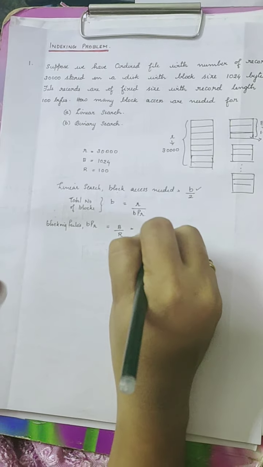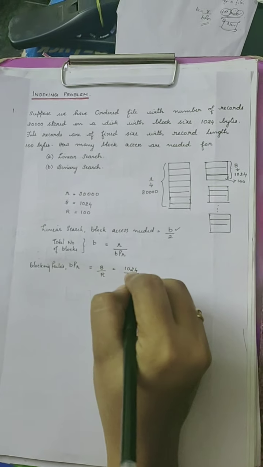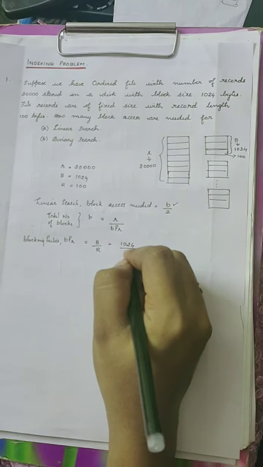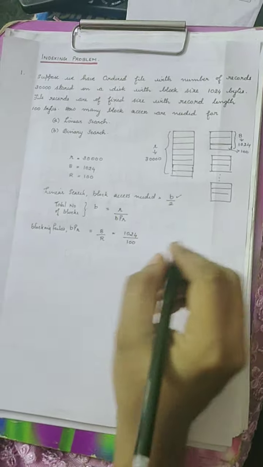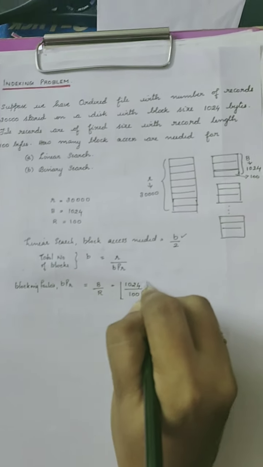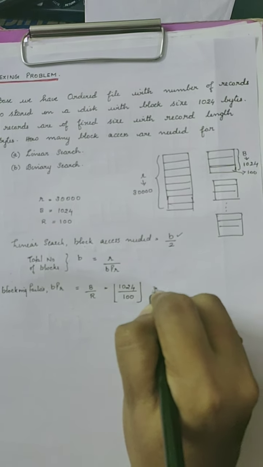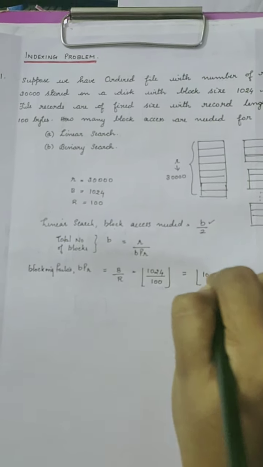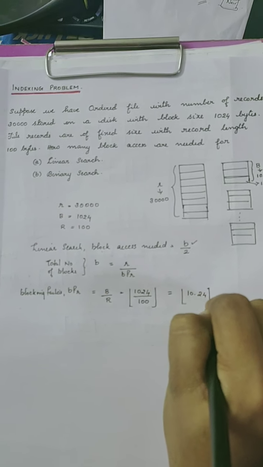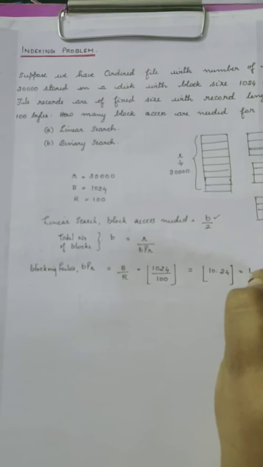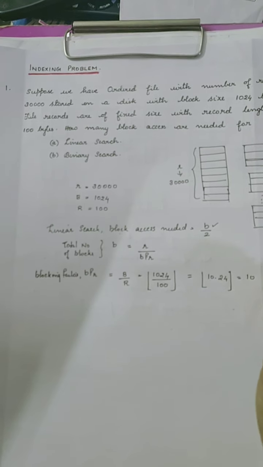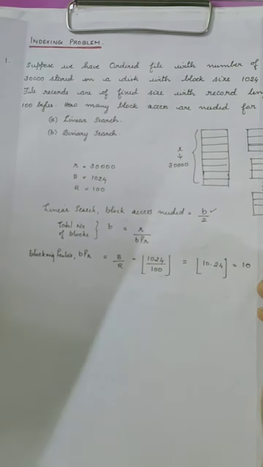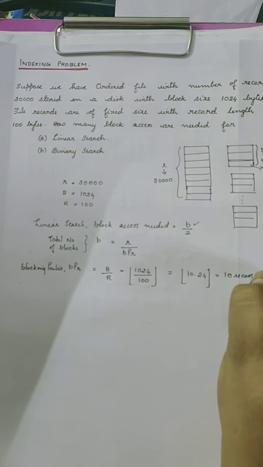Size of the block is 1024, divided by the record length 100. Here we find the floor value. 1024 divided by 100 means it is floor of 10.24, which is equal to 10. So this is the blocking factor: 10 records.